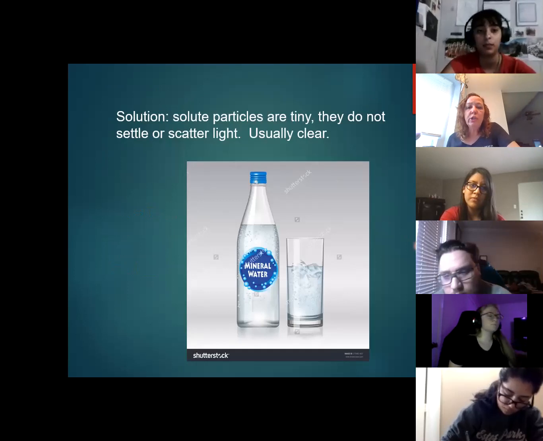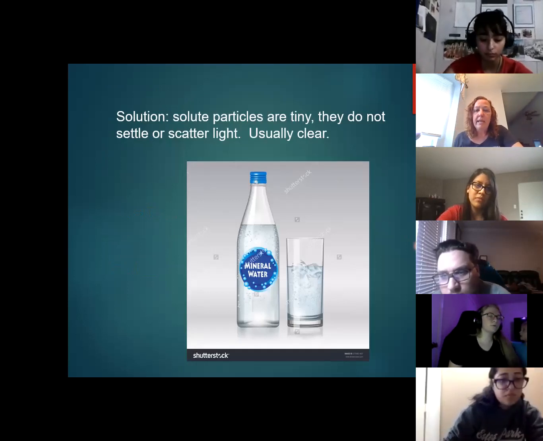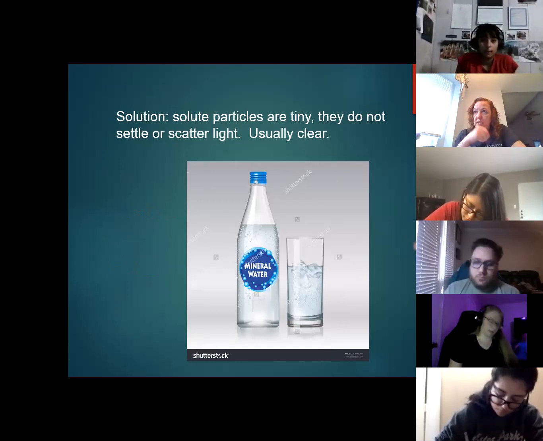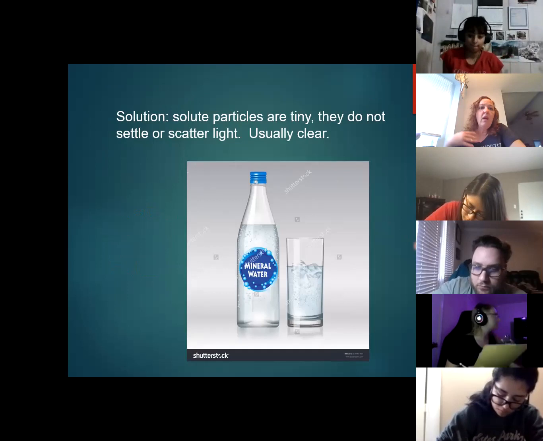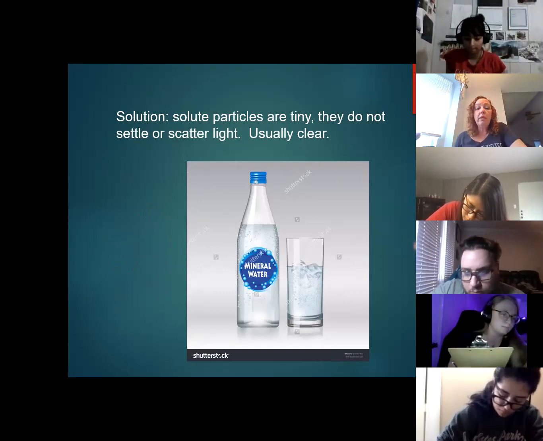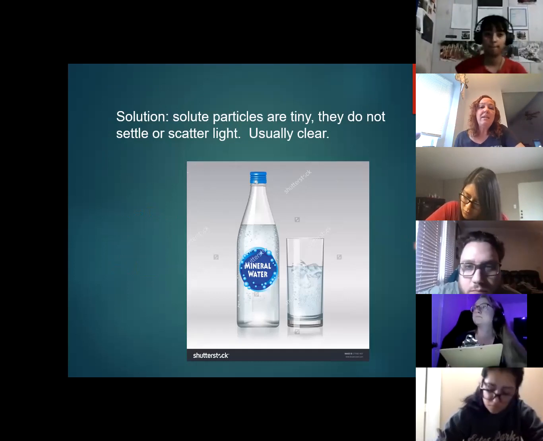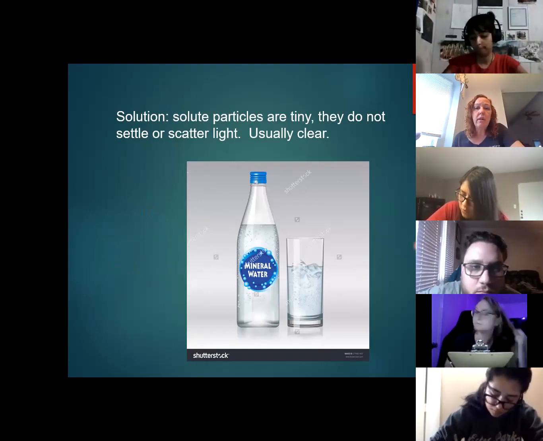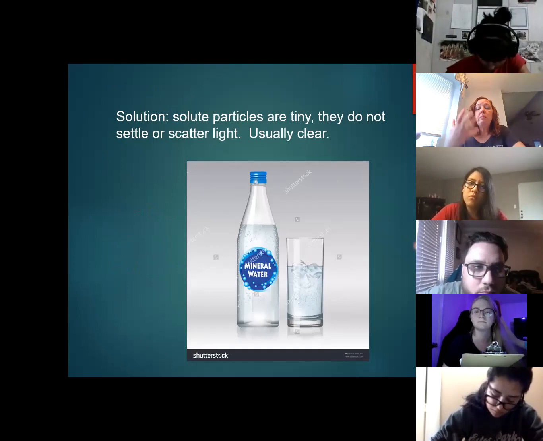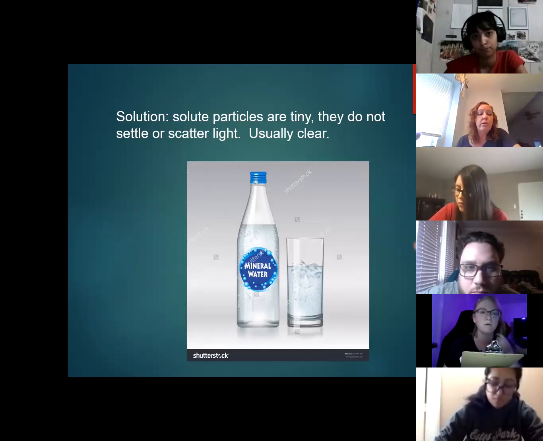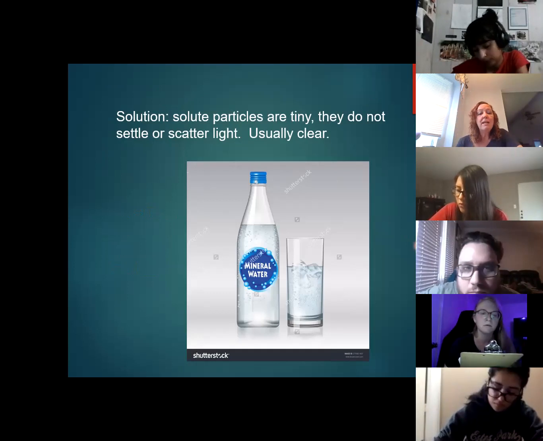So here we have our solution. This is the example I gave, mineral water. This mineral water does have particles in it, but they're so tiny they don't scatter the light. And so the mineral water is going to be clear. It won't be cloudy because the particles are too small and they're not going to settle.